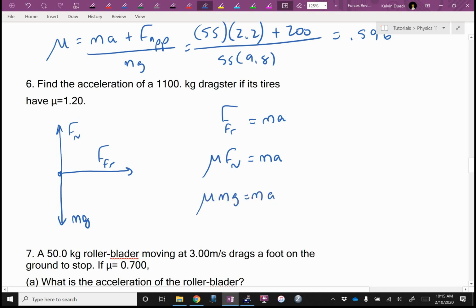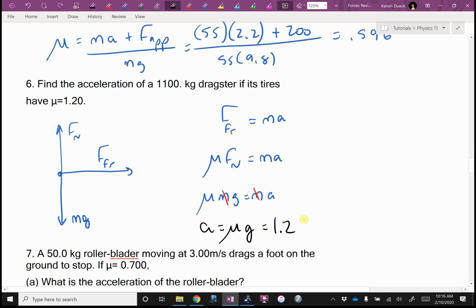What's kind of cool in this question is, for what it's worth, the mass cancels. A little Austin Mini and a big truck and the dragster, as long as they have the same coefficient of friction, they'll accelerate the same. A equals, it looks like, mu g.